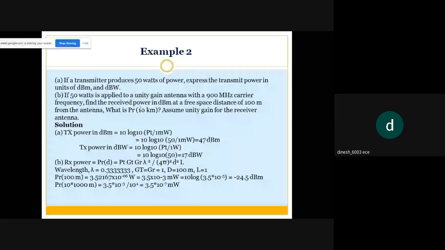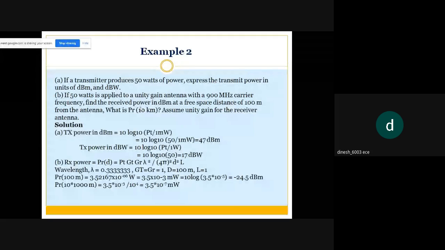Now to measure in terms of decibel, the formula is 10 log to the base 10 of P divided by 1 milliwatt.